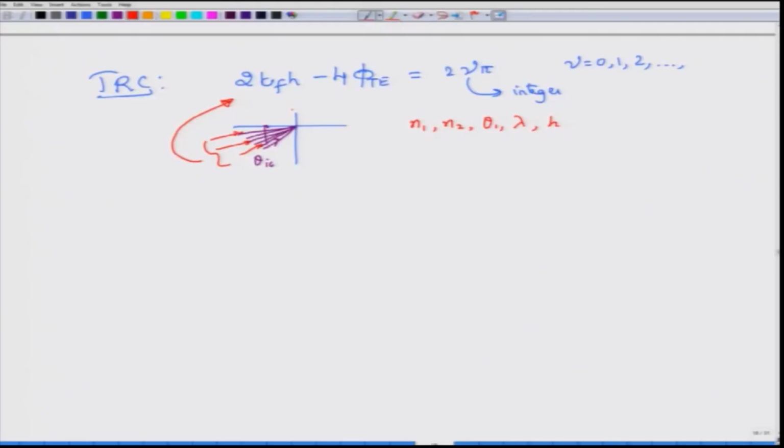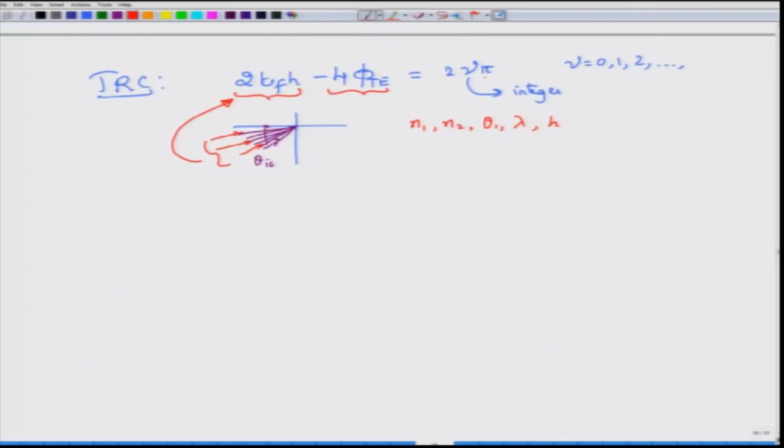For now, just remember that the phase shift experienced along the x direction, which is captured by the first term, will be opposite to the phase shift upon reflection, but these two together should be equal to some integer multiple of 2 pi.